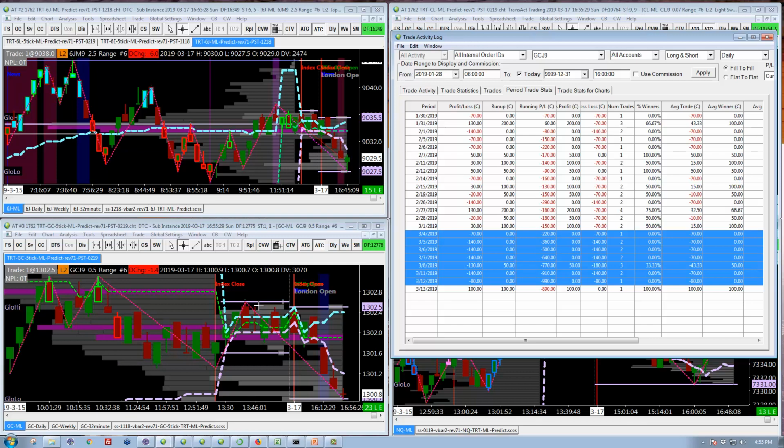Here it's tougher because we're taking trades and then getting nicked, and what that means is that I'm getting it right in terms of what to do, get long or get short. But just the random price variation is getting me, with the stop being as tight as it is.